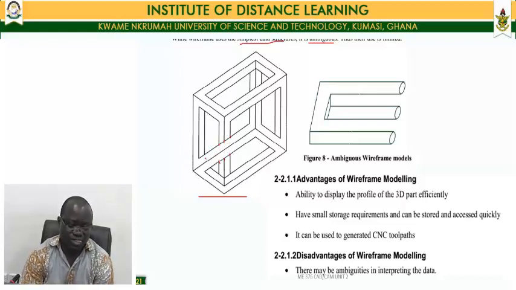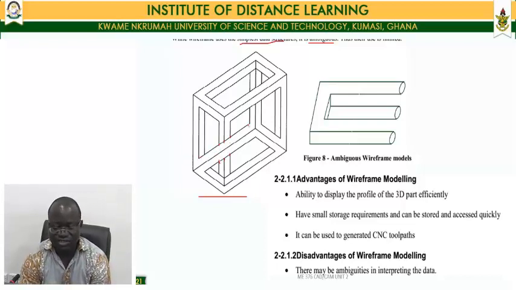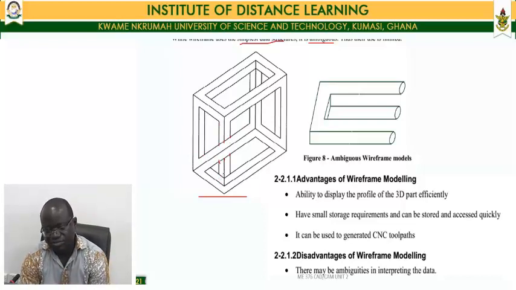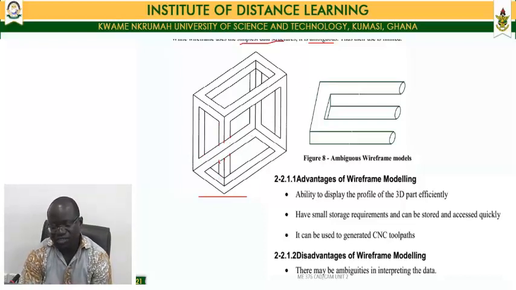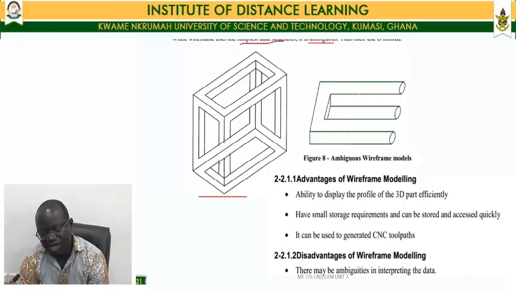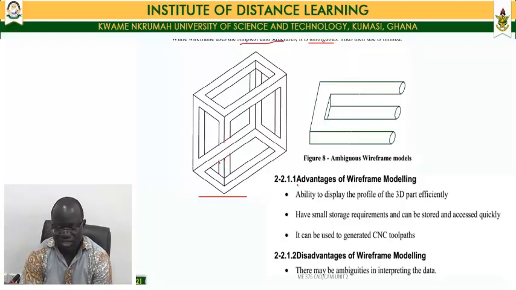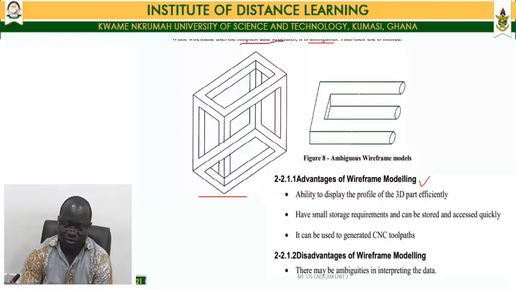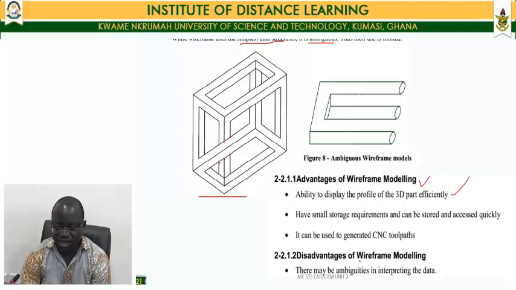So let's quickly look at the advantages of wireframe modeling or representation. One good advantage is that it's able to display 3D parts very efficiently. Now, when you save your drawing in wireframe, the file size is small, so you have small storage requirement, and then you can actually access it quite quickly.